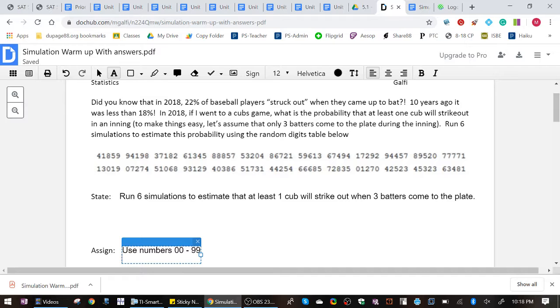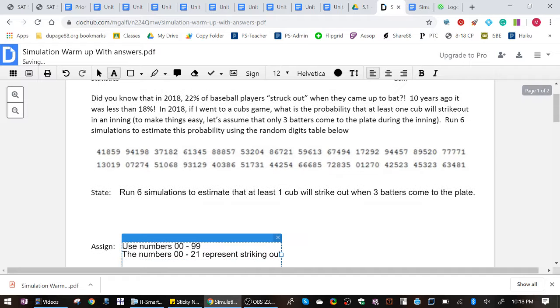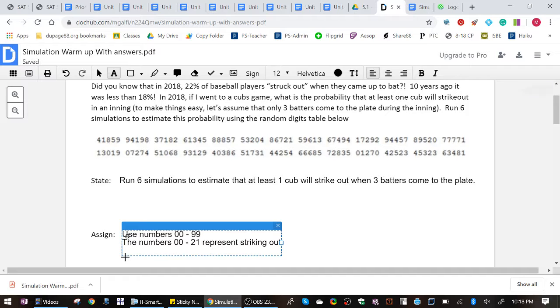If 22% of baseball players strike out, I need 22 of these numbers to represent striking out. So we'll say the numbers 00 through 21 represent striking out. Therefore the other numbers, 22 through 99, represent not striking out.